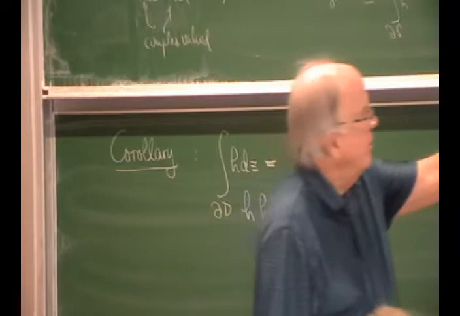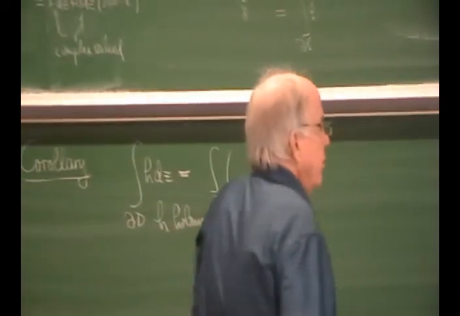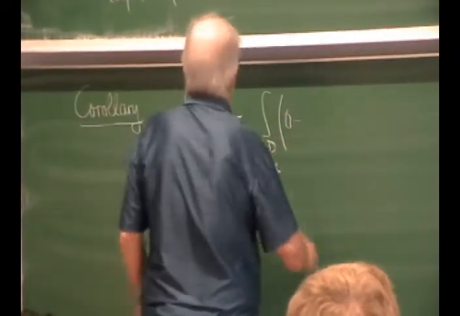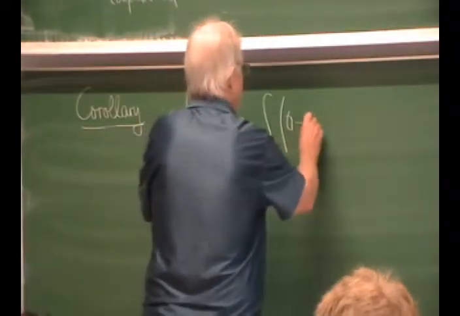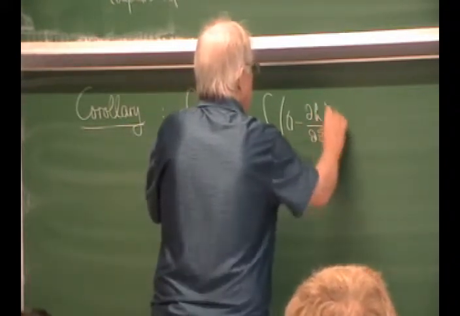I have to take the coefficient of the z bar thing and integrate it with respect to z, but that's nothing, so that's 0. Minus, and then the coefficient of this thing with respect to z bar, dz bar.